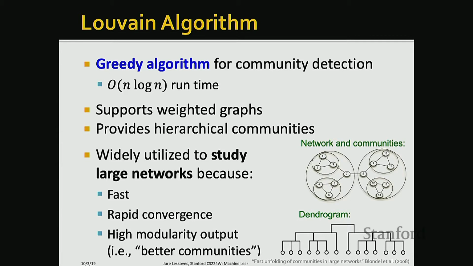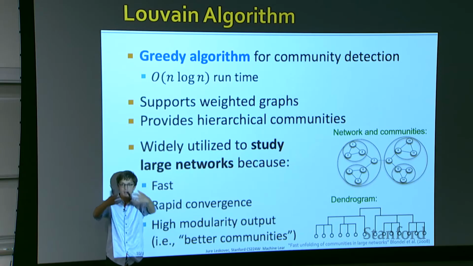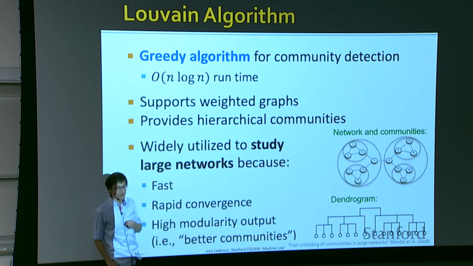And here is a heuristic algorithm that works really well in practice, and it's very fast. Its runtime is of the order n log n, where n is the number of nodes in the network. So it's very fast. It's like quicksort. Quicksort has the same complexity, right? And the idea here is that this will support weighted graphs, and it will provide us with a hierarchical decomposition of the graph into communities.